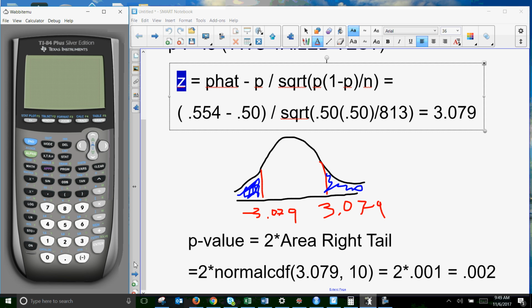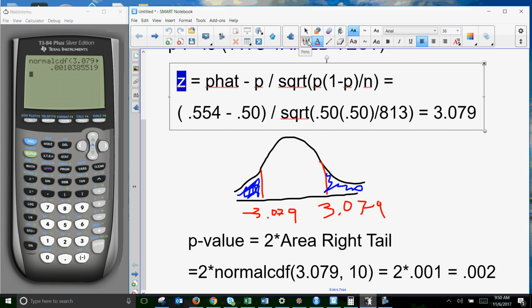So the area in the right tail is going to be 2nd VARS, normal CDF. Our lower bound is going to be 3.079. Then our upper bound, we just need to pick something big enough. 10 is fine. And this is standardized Z, so 0 and 1 is the default. And when I find this area, I get 0.001.